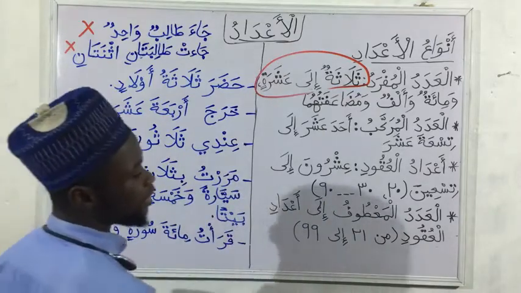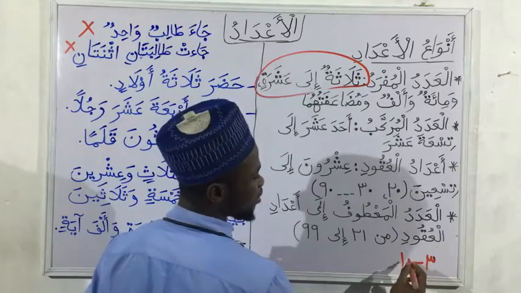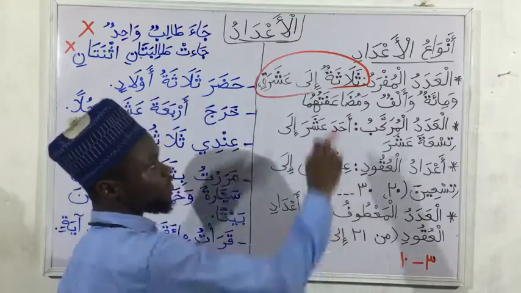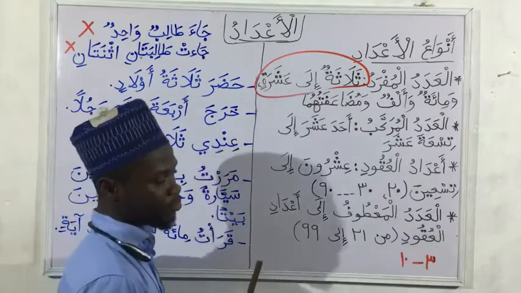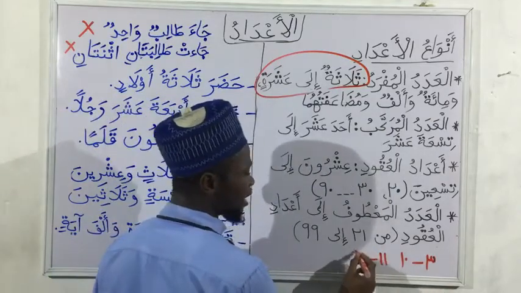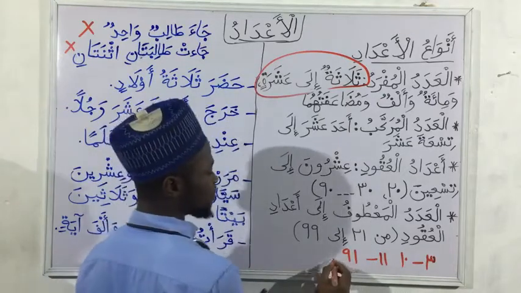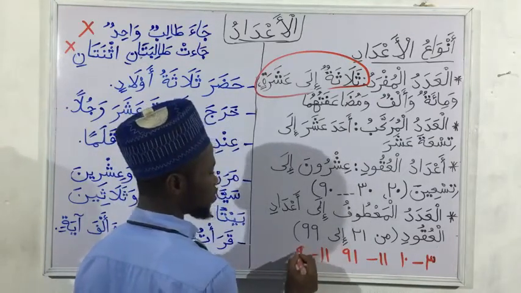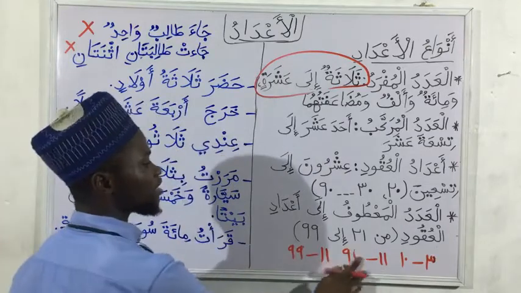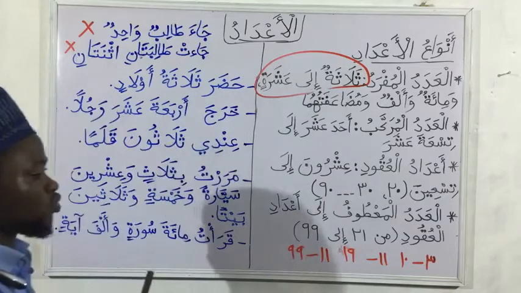So from 3 to 19, we'll be looking at 3 to 10, the first part of Adad al-Mufrad. We'll also be looking at 11 to 19 and 11 to 99.